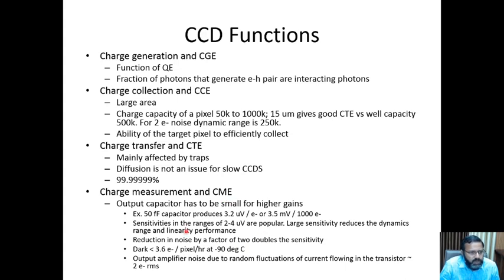To keep the dark noise, or thermal noise, low, the CCD is typically cooled below minus 90 degrees Celsius. And it's so well designed that there is no noise during parallel or serial shifts. Only when it is read out at the readout amplifier is there some addition of 2 electron noise per pixel.